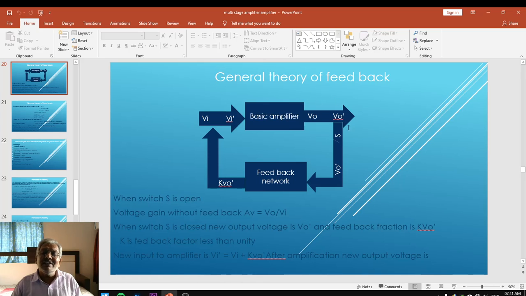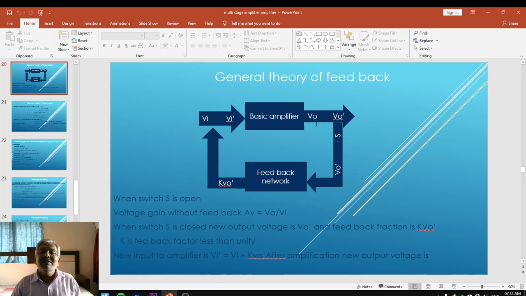To study the general theory of feedback, let me consider the basic amplifier, which has an input voltage Vi before feedback. The basic amplifier amplifies that input voltage Vi and produces the output voltage Vo.